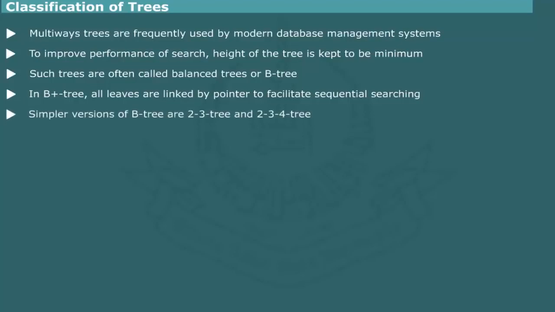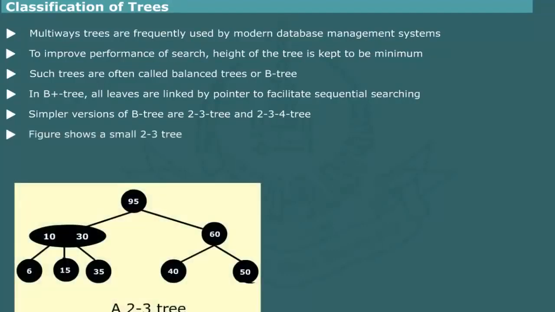Simpler versions of B-tree are used in some applications. Two such variants are known as the 2-3 tree and 2-3-4 tree. The former contains 2 to 3 nodes per child and the latter 2 to 4 nodes per child. Figure shows a small 2-3 tree.